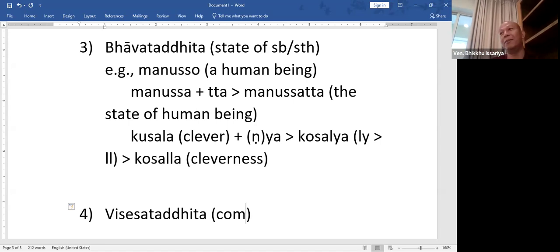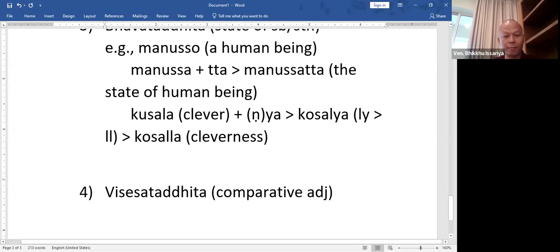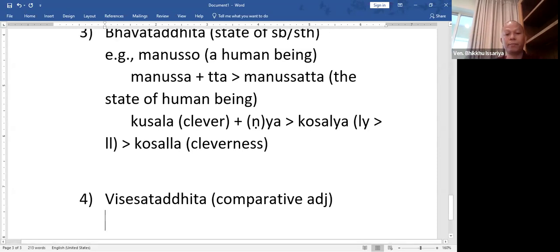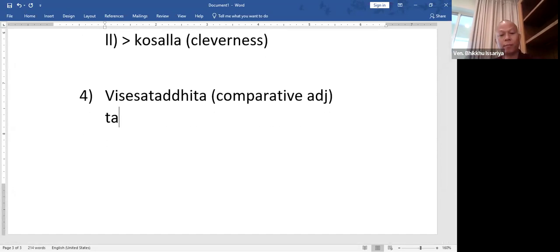The same, just 3 levels. The structure is the basic adjective.